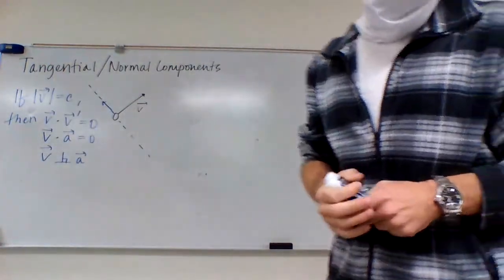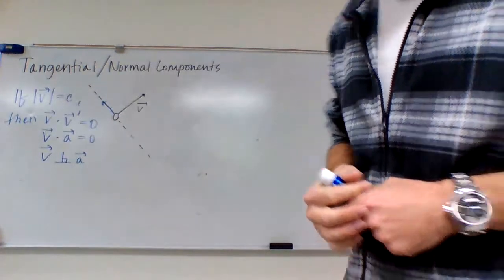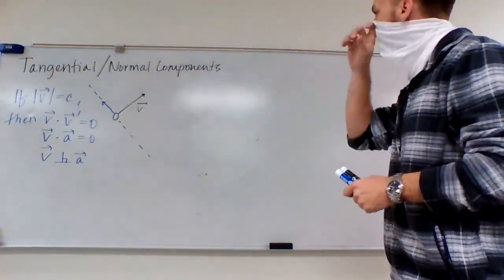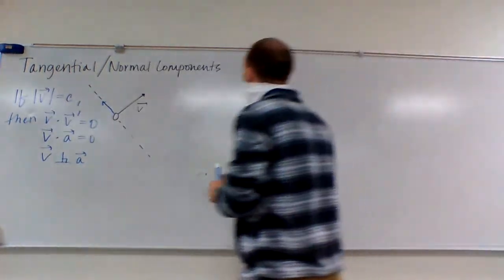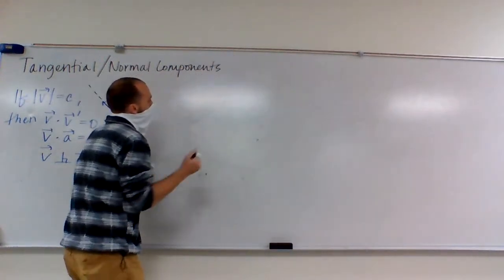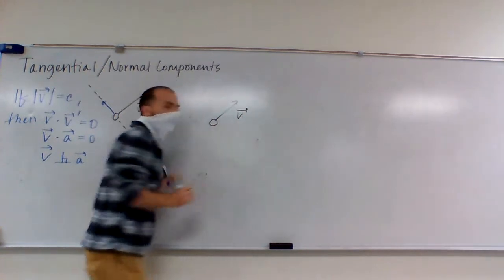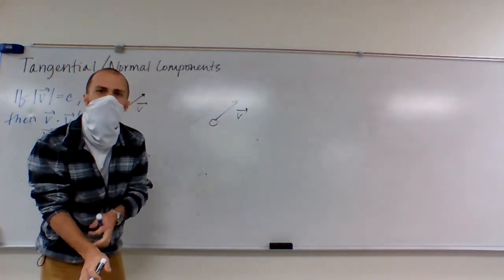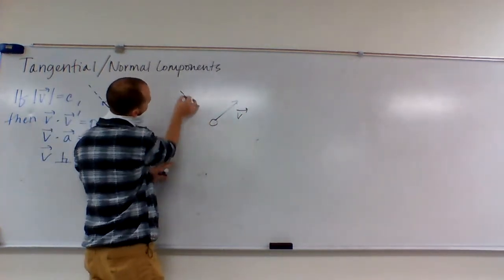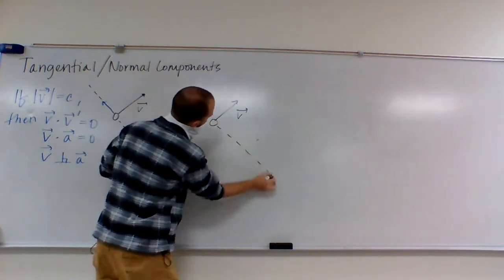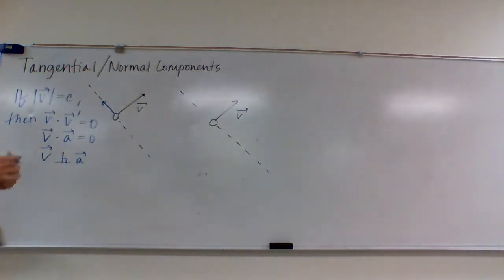Okay, so I think I'm going to reproduce this drawing a little bit out here, so I can draw you a couple of cases. So, again, same object, same velocity vector, and I see that's right in the glare spot, but envision that being orthogonal.